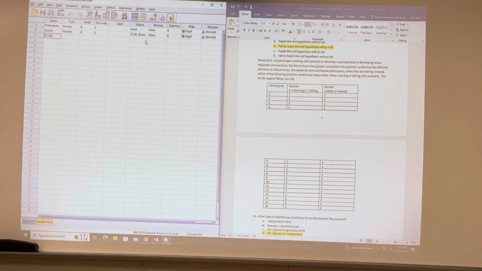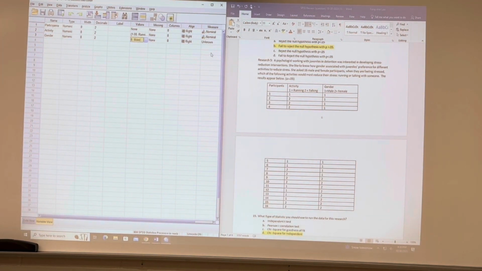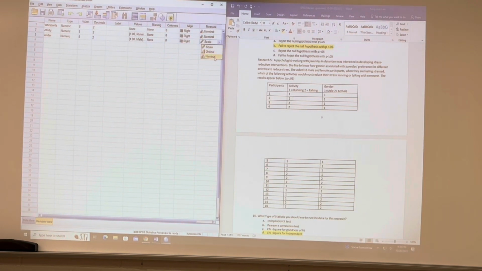Okay, then I'll say 1 is male, and 2 is female, and that's nominal. So you can say they're all nominal here, nominal, nominal, nominal.